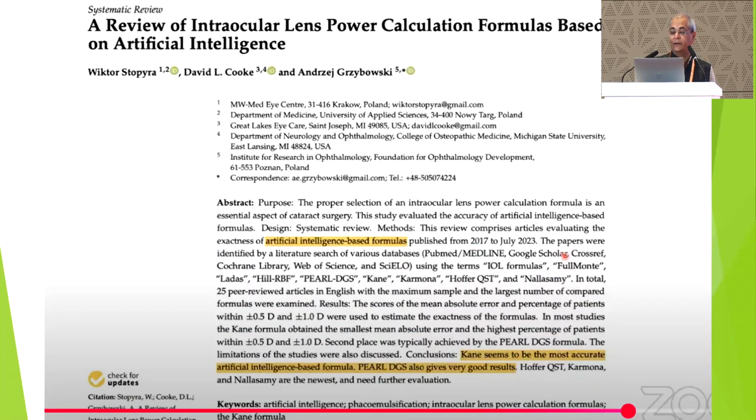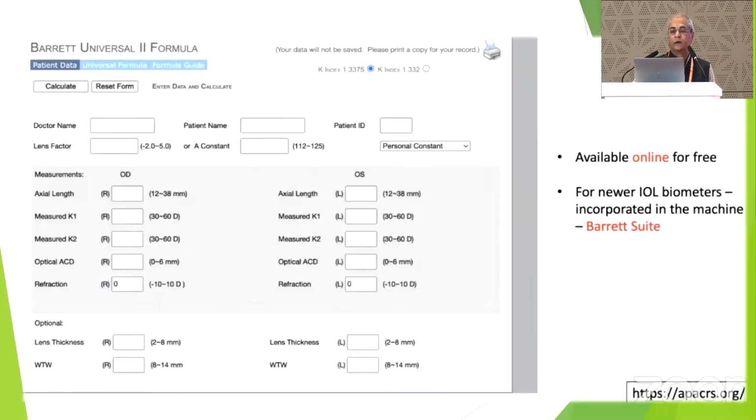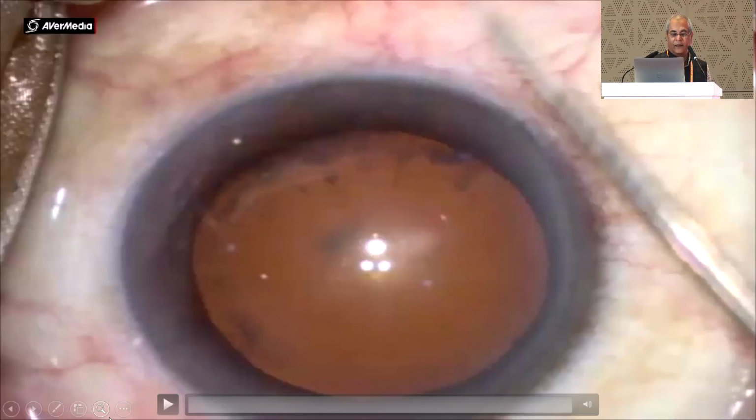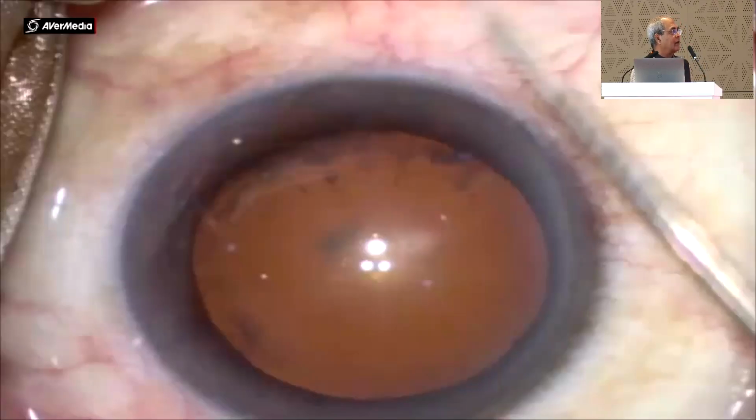Well, in this study Kane seems to be most accurate. This is an artificial intelligence based formula. But as the Barrett is easily available online, you can take it. So we have to understand that when we are doing multifocal and trifocal lenses, we should not rely on only one formula. We can take 2, 3 formulas and then take the result.